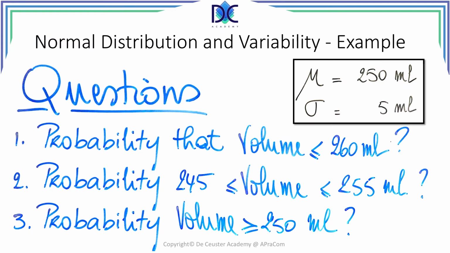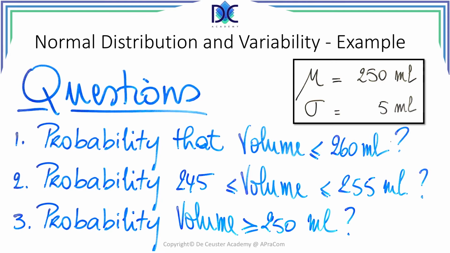Here we will work on an example of variability and the application of the normal distribution or the bell curve. Let's consider a coffee dispenser which delivers coffee with an average of 250 milliliters.